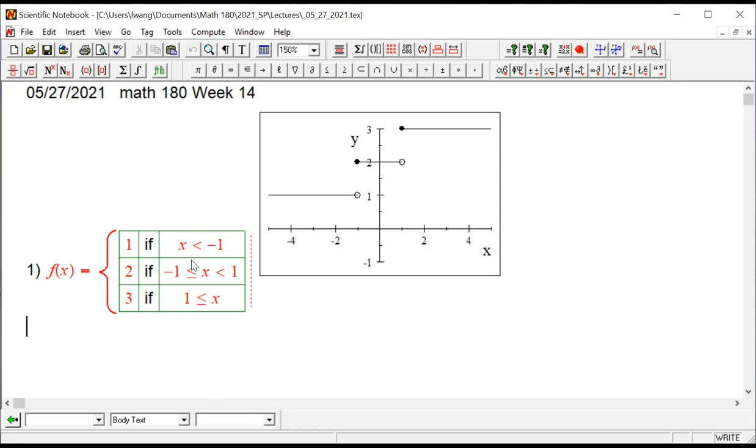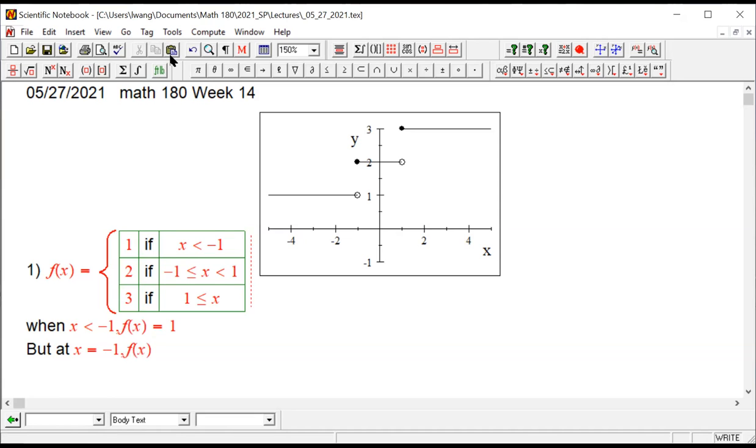when we evaluate anything x less than -1, right? So there are 3 cases. When x is less than -1, according to this function, f of x is going to equal 1. But at x equals -1, f of x is not going to equal 1.